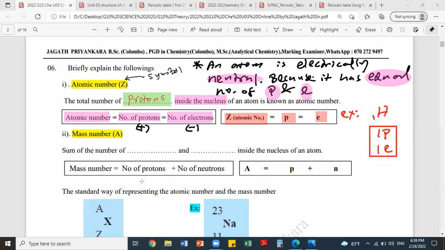I'll take one more example. If you take oxygen that you inhale, that is the 8th element of the periodic table.